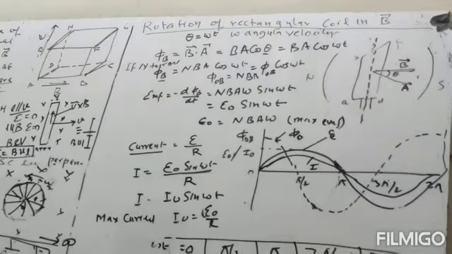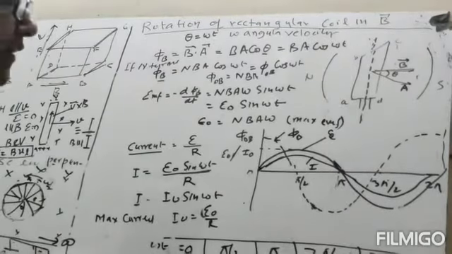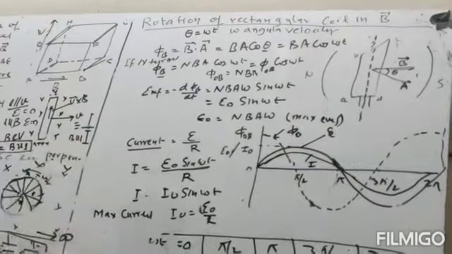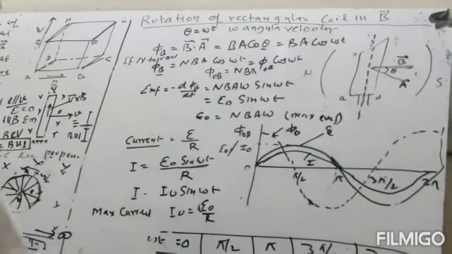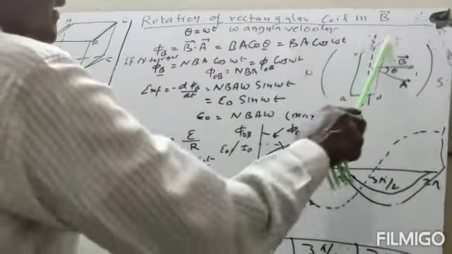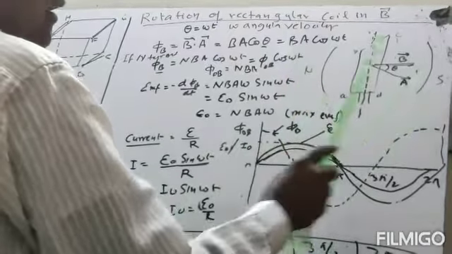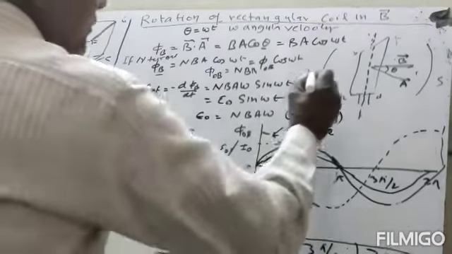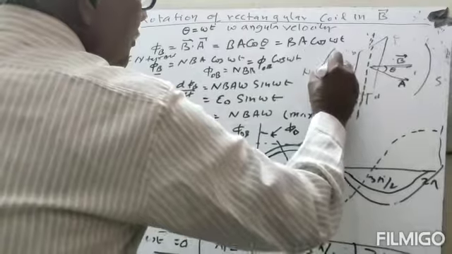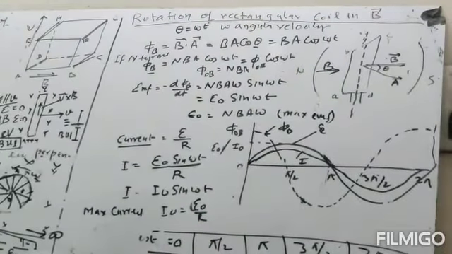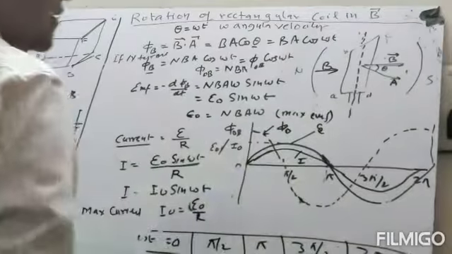So we have to find the induced EMF and induced current when a rectangular frame ABCD rotates. Here there is a north pole and a south pole, so the direction of B will be from north to south. So this is the direction of B, and this is the frame here.